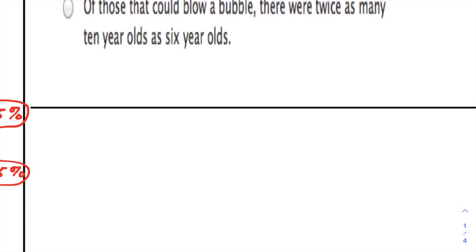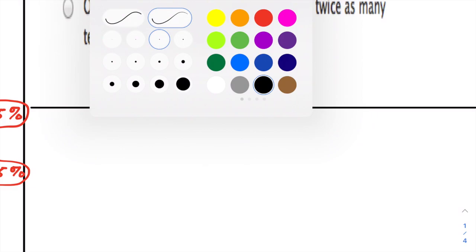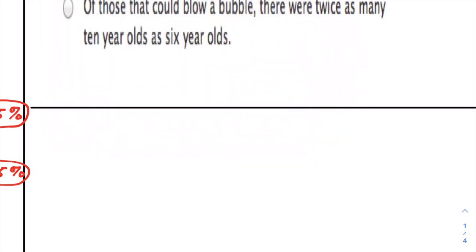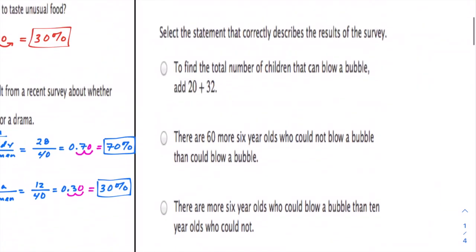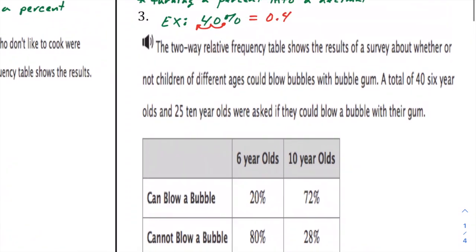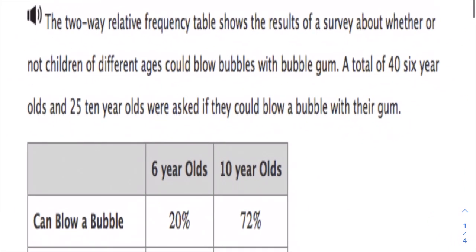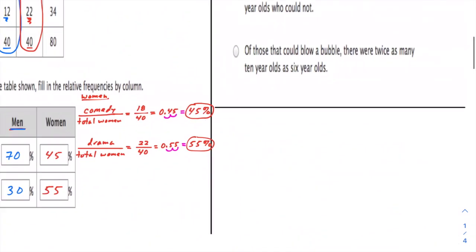And so I'm going to go ahead and create me some space here. Make a line there. Let's use green for the 6-year-olds. So I am told from the actual problem that there are 40 6-year-olds. So I need to write that down here to make my life easier.